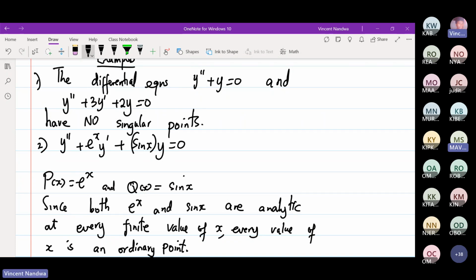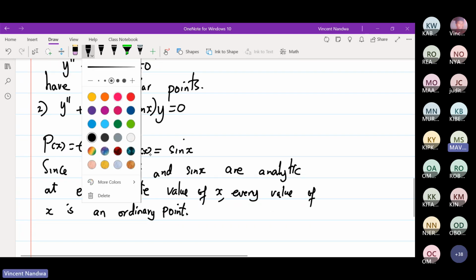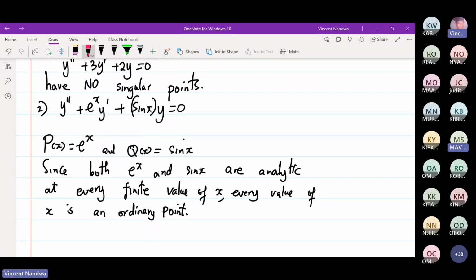That simply means there is no value of x that will make e power x and sine of x non-differentiable or non-defined. So there's no singular point for this given differential equation.